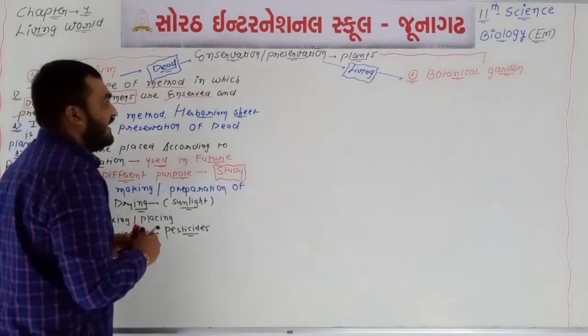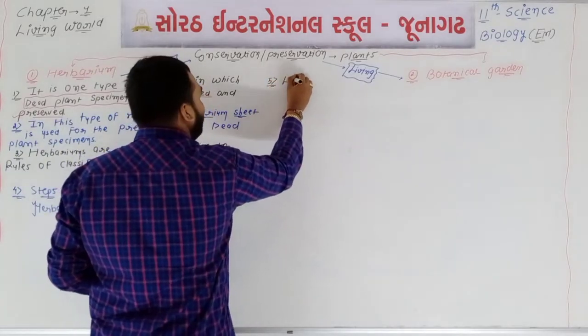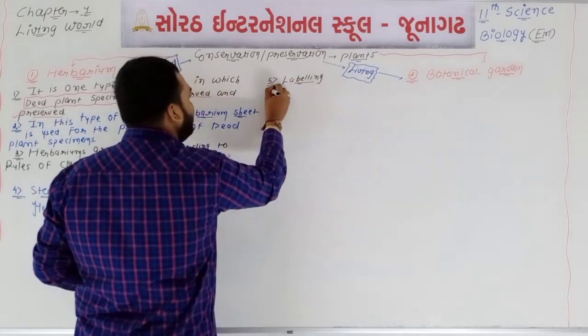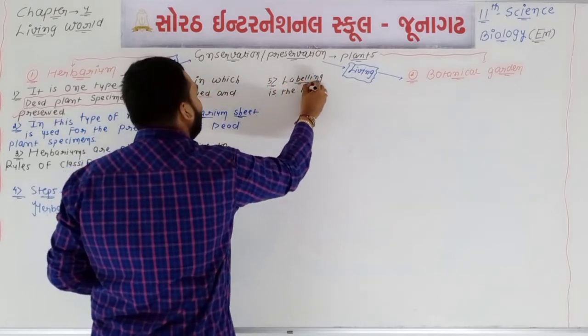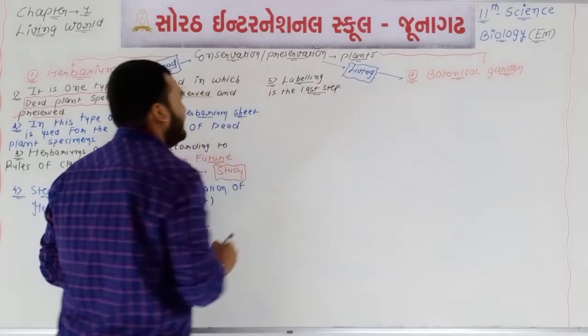Now point number 5, after making herbarium, we can say that the labeling is also important. Labeling will be the last step for the preparation of herbarium.